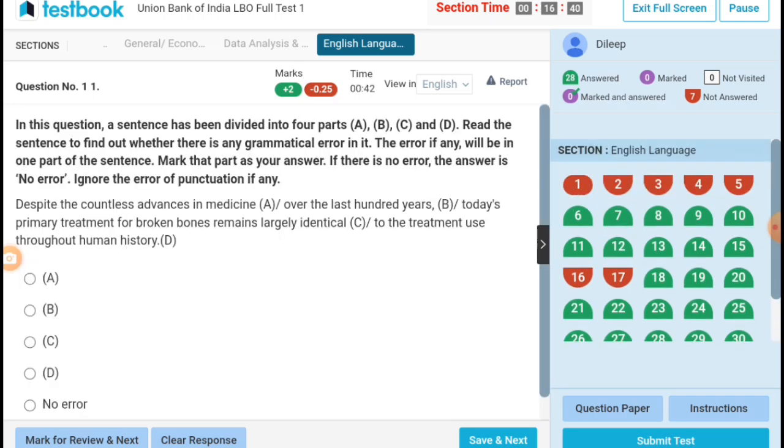Next, despite the countless advances in medicine over the last 100 years, today's primary treatment for broken bones remains largely identical to the treatment used throughout human history. Largely identical.